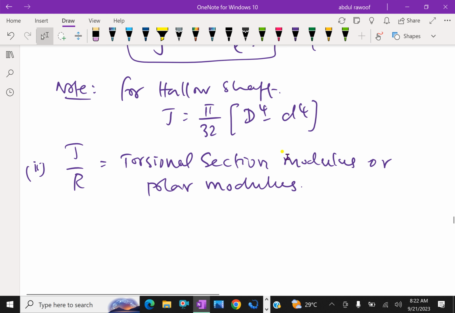It is similar to the section modulus I by Y in plane figures, where I by Y is the moment of inertia over the section modulus.